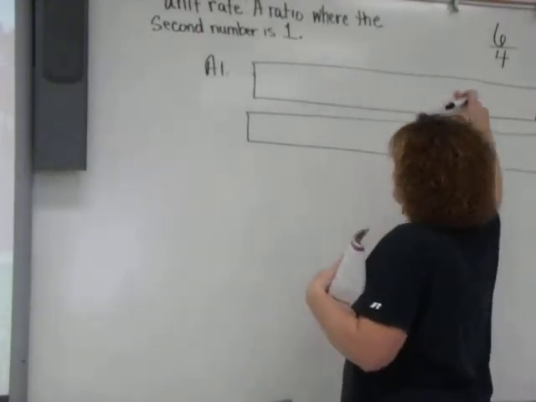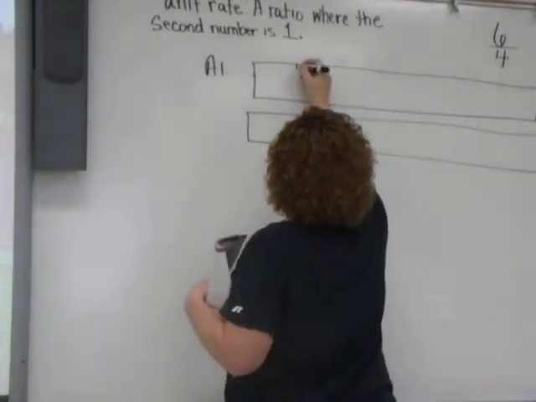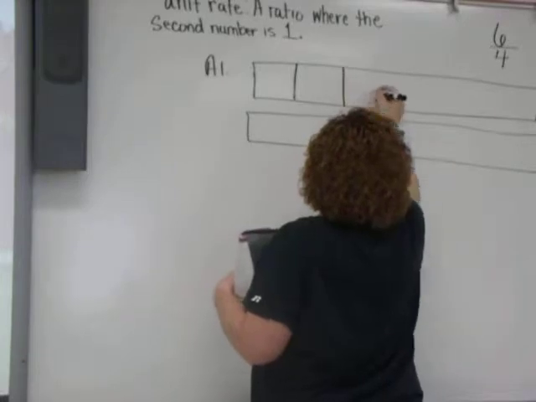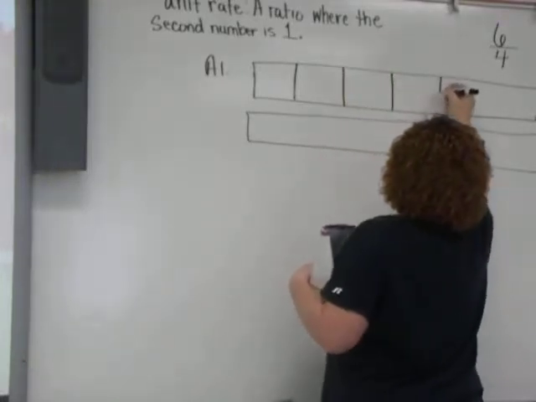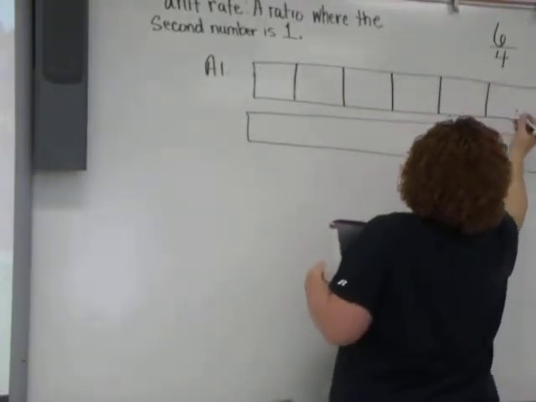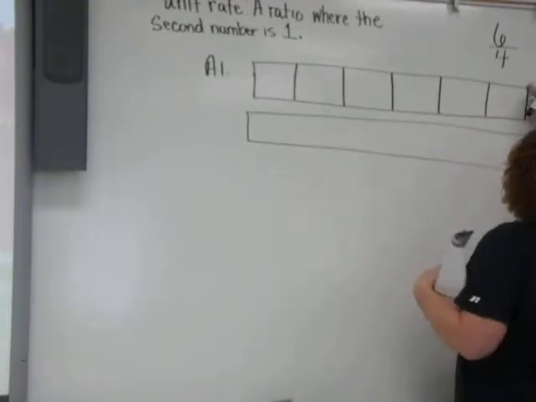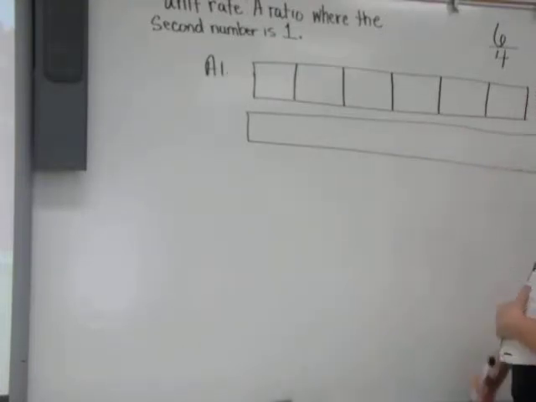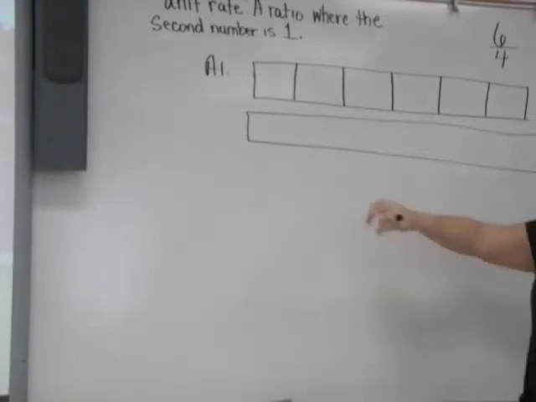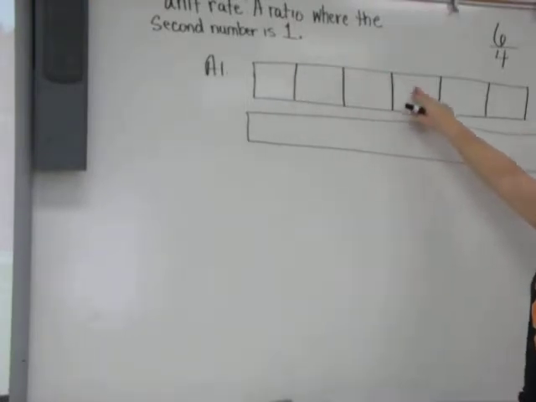So in this first tape under A1, you're going to break it into 6 segments. That means you make 5 marks. And that's going to give you 1, 2, 3, 4, 5, 6 equal pieces.